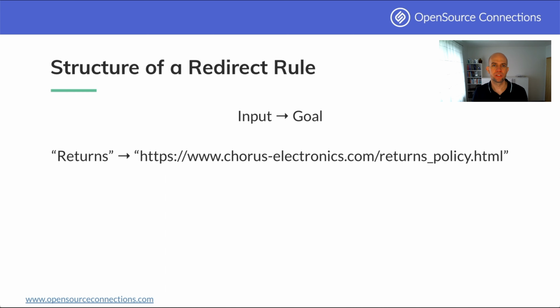Next, don't define your inputs too strict or too flexible. So maybe you want to match return, returns, return policy, etc. all to one goal and not define 3, 4, or 5 rules for that, but only one, and use wildcards.